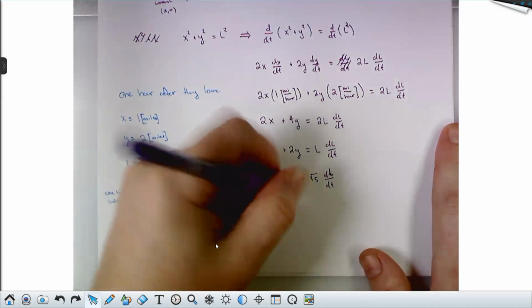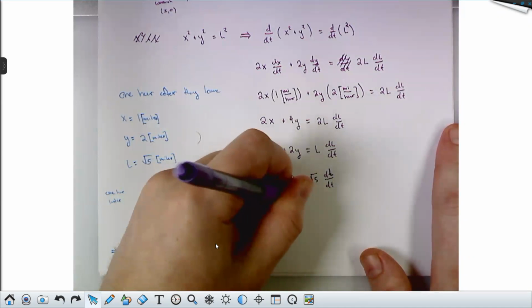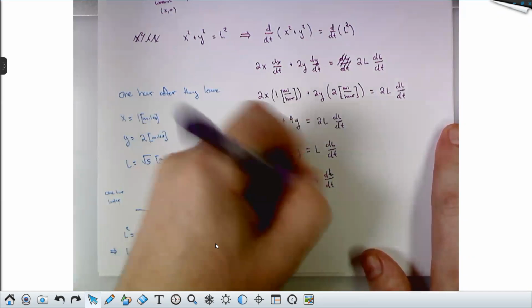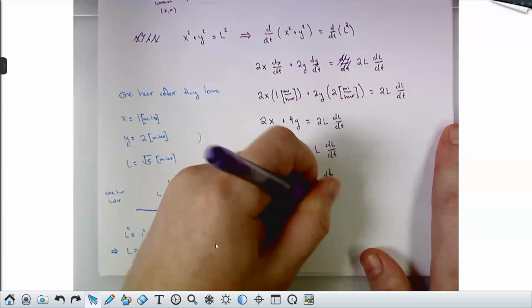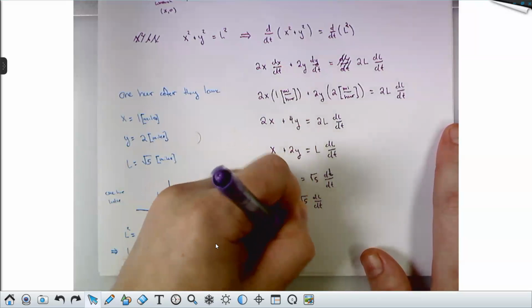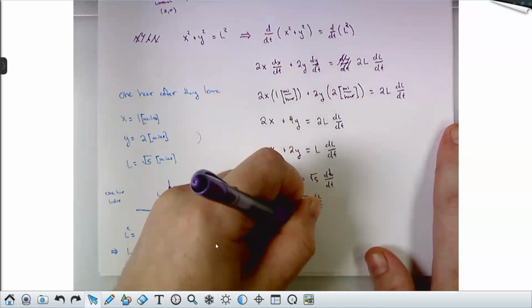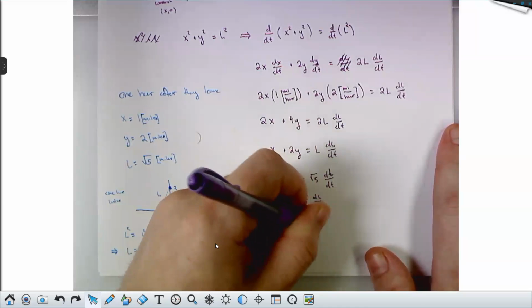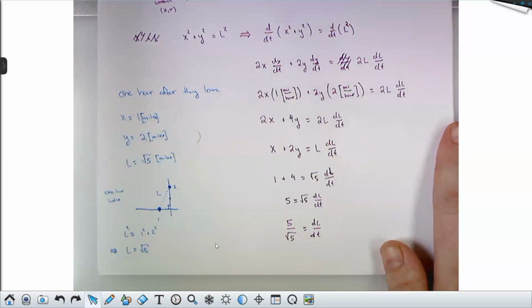So 1 plus 4 is 5. Which means dL/dt is 5 over the square root of 5. And this is in miles per hour.